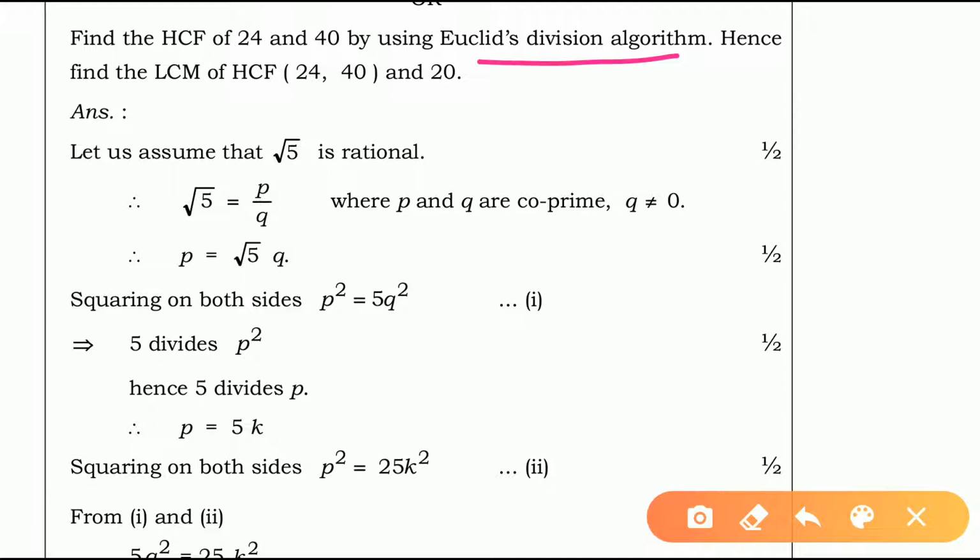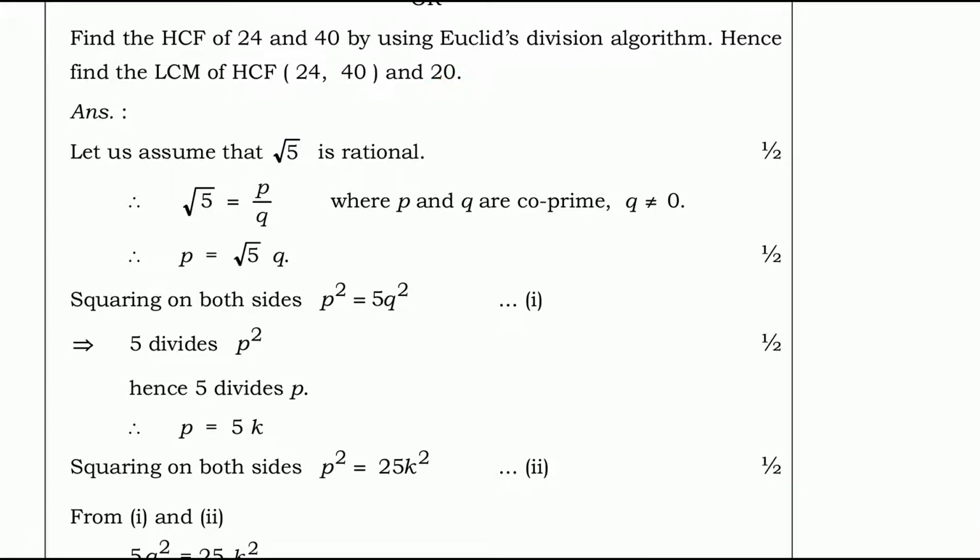My dear students, here it can be clearly observed that first we have to find the HCF of 24 and 40, then find the LCM of that value and 20.